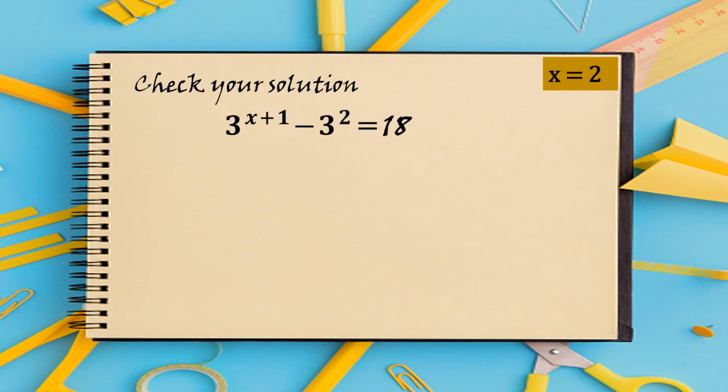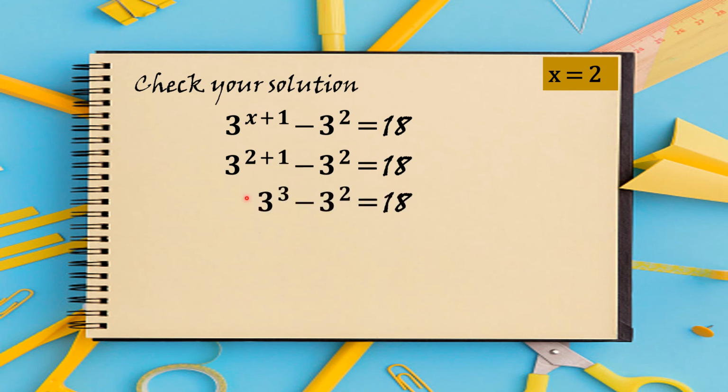Okay, to check, we will use this original equation and this replacement value of positive 2. So, replace x by positive 2. We have 3 raised to 2 plus 1 minus 3 squared equals 18. And 2 plus 1 is 3, so we have 3 cubed minus 3 squared equals 18.